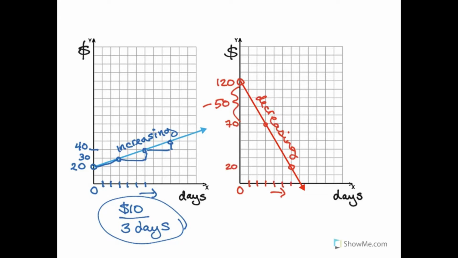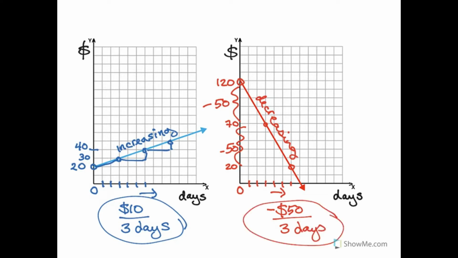Over the next 3 days, it's gone down 50 again to 20. So it's decreasing at a constant rate of $50 every 3 days. The starting point of the stock price and the rate that it's increasing or decreasing are super important parts of the equation and the graph of a line.